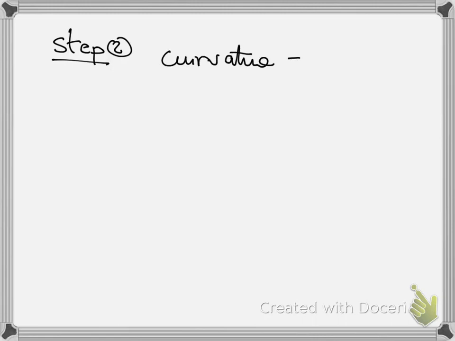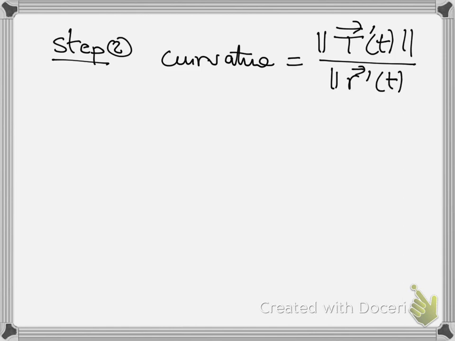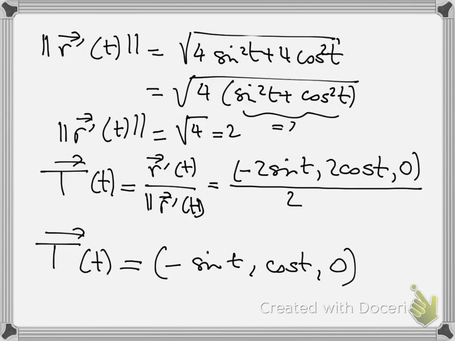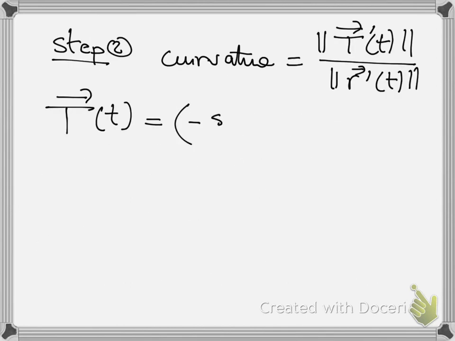Now step 2, we can compute the curvature. The curvature should be the length of capital T prime over the length of r prime of t, right? Capital T, we said, is minus sine, cosine, and then 0.